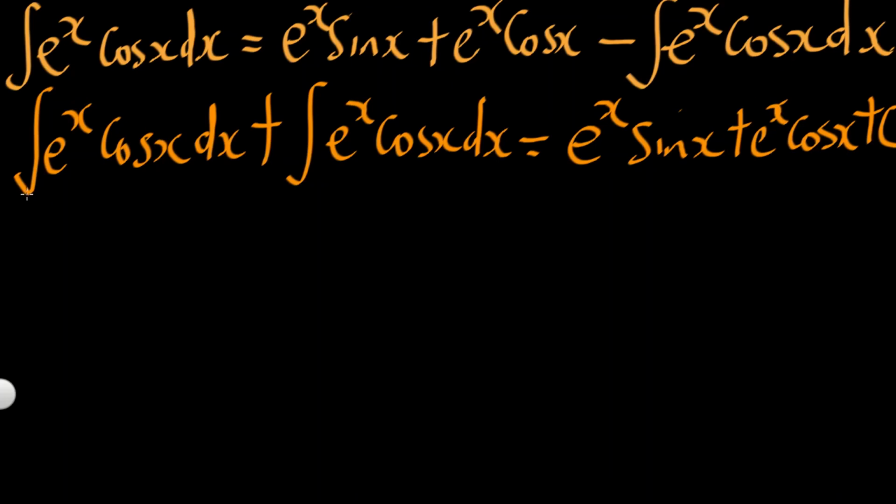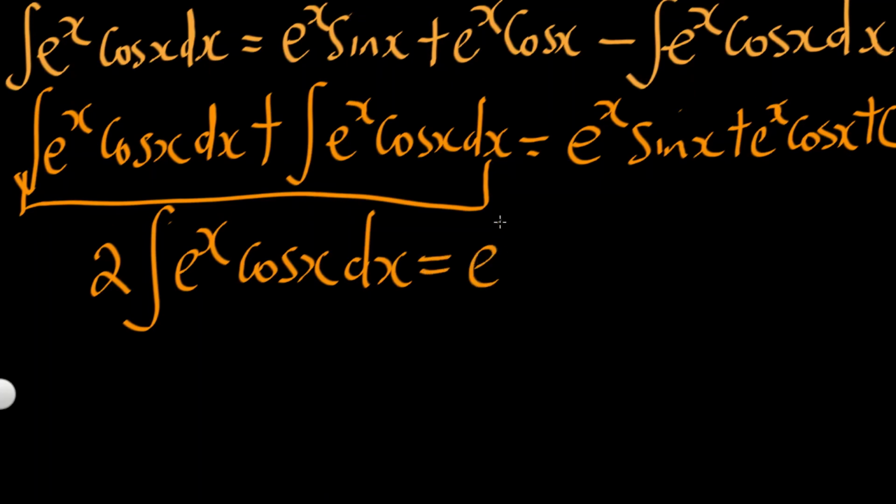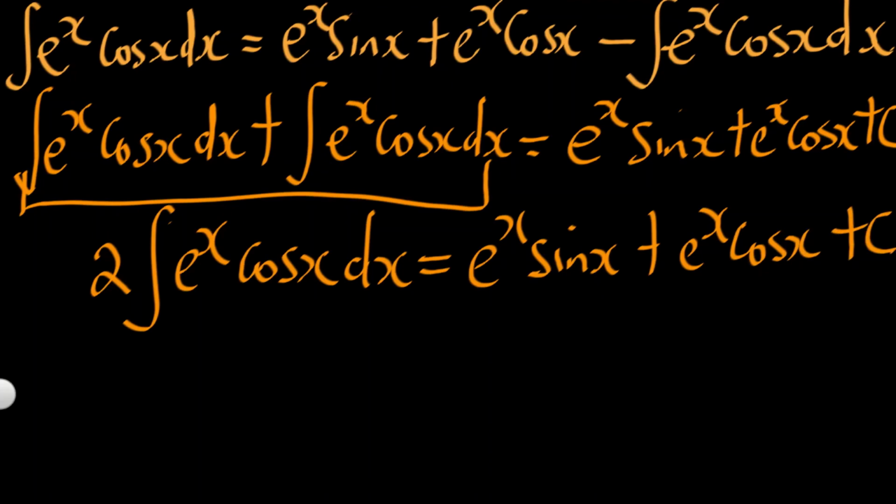If we add these two, we get 2 integration of e to the power x cos x dx being equals to e to the power x sine x plus e to the power x cos x plus a c. But guys, we're looking for this only.